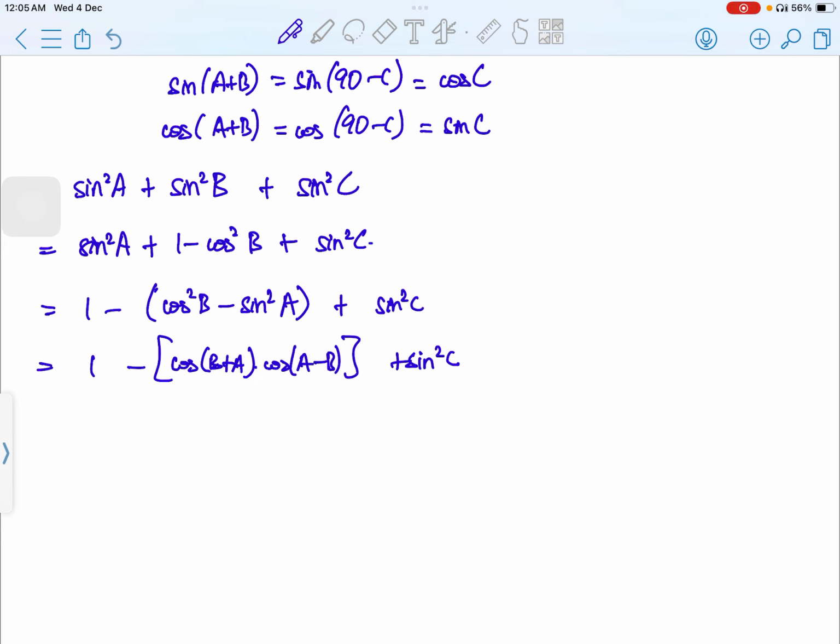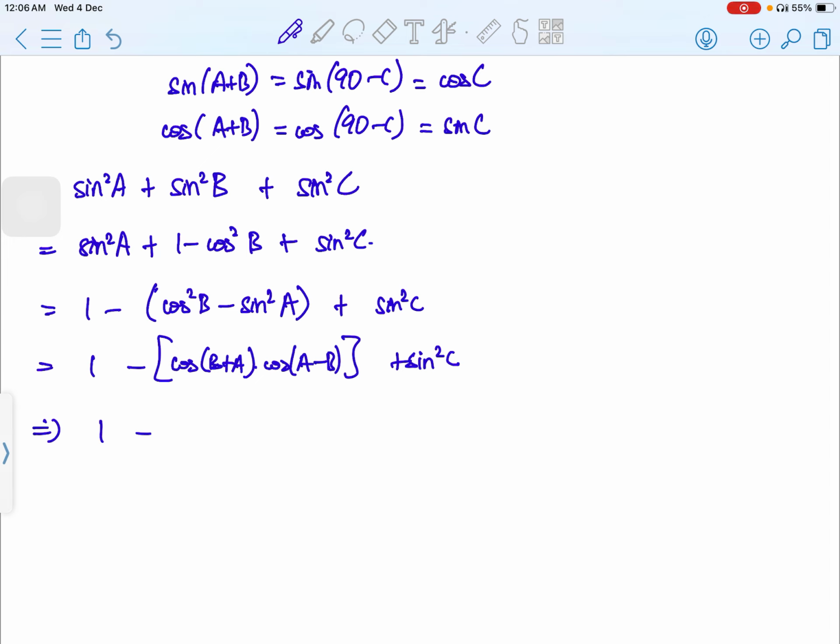So when we continue from here, you will have 1 plus sin square C. Can we apply any formula? In between, if you use the formula for cos of A plus B and A minus B, you can put 1 minus this entire thing.